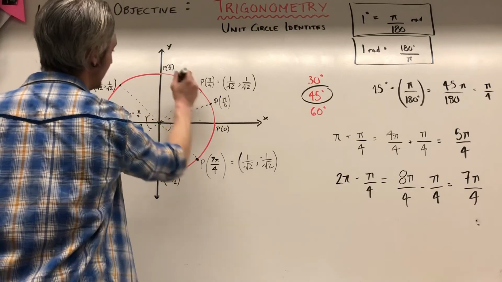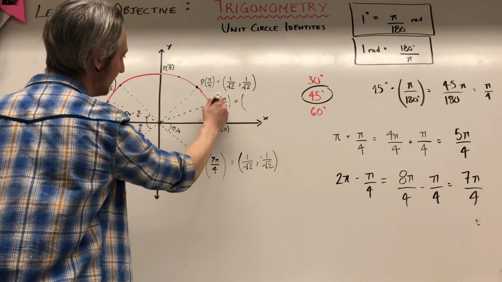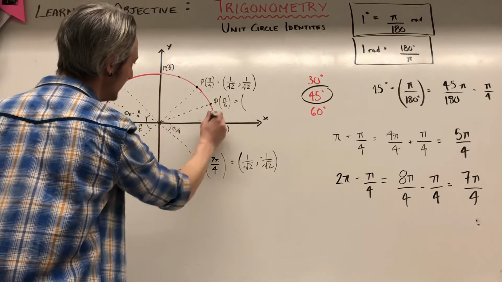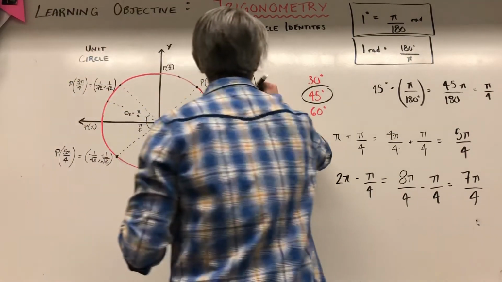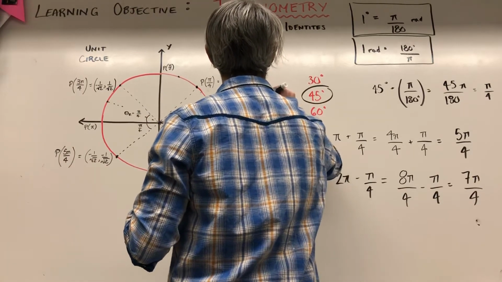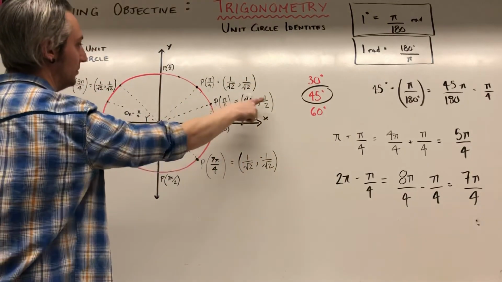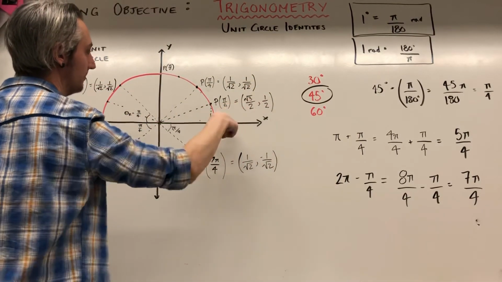And this has coordinates of, now when I'm over here, I have a really big x coordinate and a fairly small y. And that's how I can remember it. So it's going to be root 3 over 2 and 1 over 2. My x is bigger than my y. Root 3 is bigger than 1.